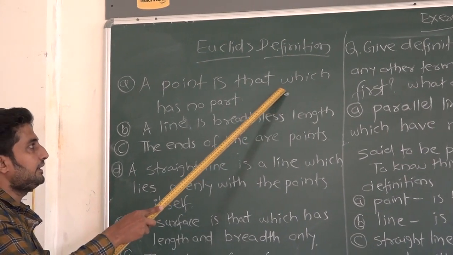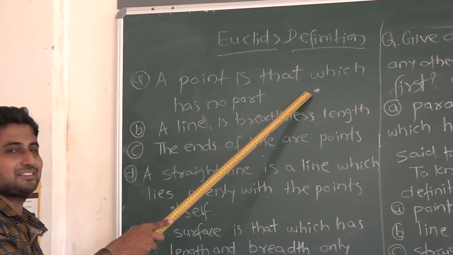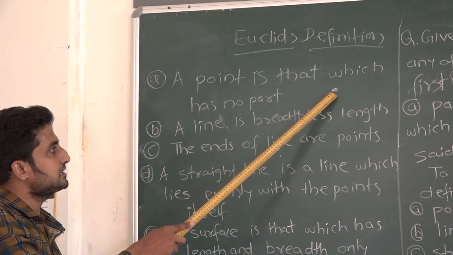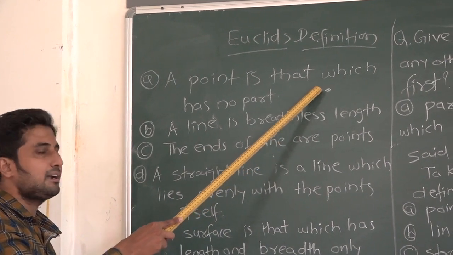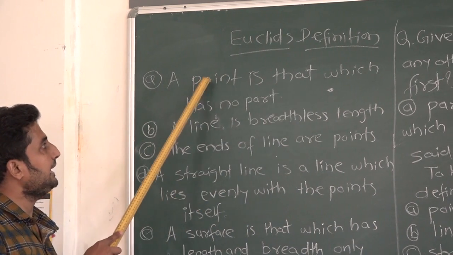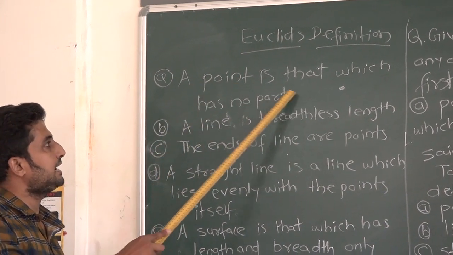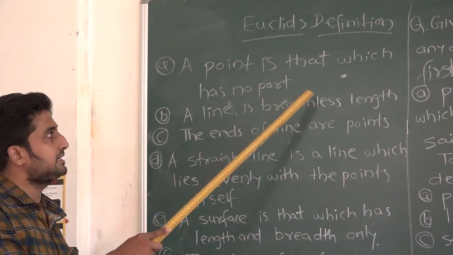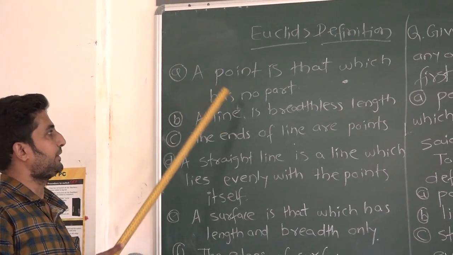A point is one which has no part within itself. If you observe this dot, it is nothing but the point, and we can say that it has no part, right? It has no part, that's why it is called the point. So a point is that which has no part. That is the first definition in Euclid geometry, right?